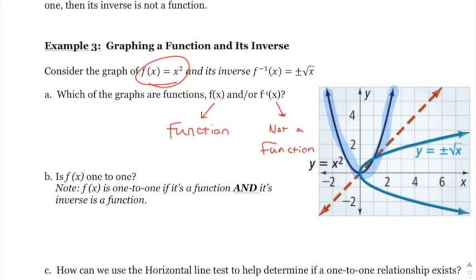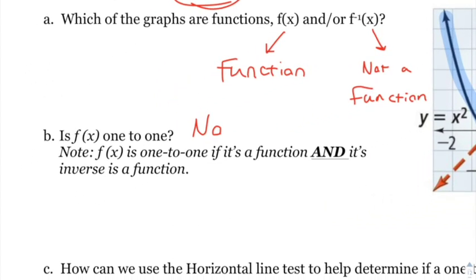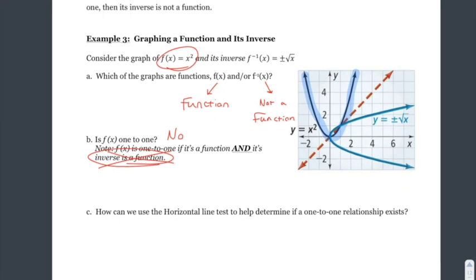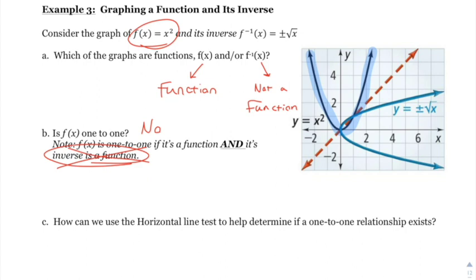Is f of x one-to-one? No, because its inverse is not a function. Note f of x is one-to-one if it is a function and if its inverse is a function. And since the inverse is not a function here in this case, we say it's not one-to-one. So this is like kind of the main thing that's messing us up here.